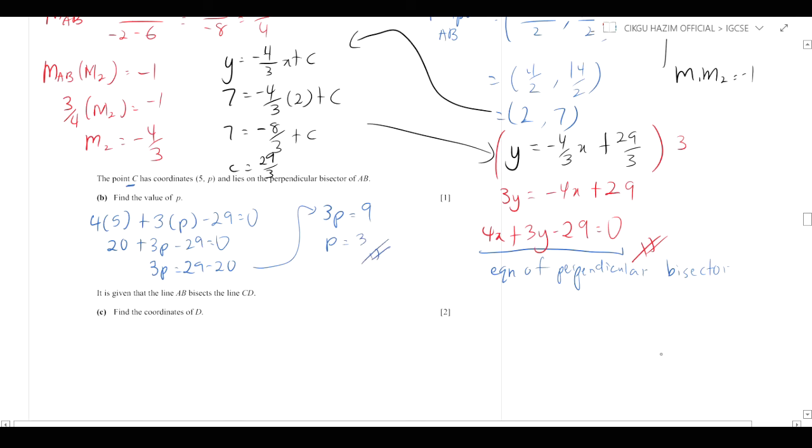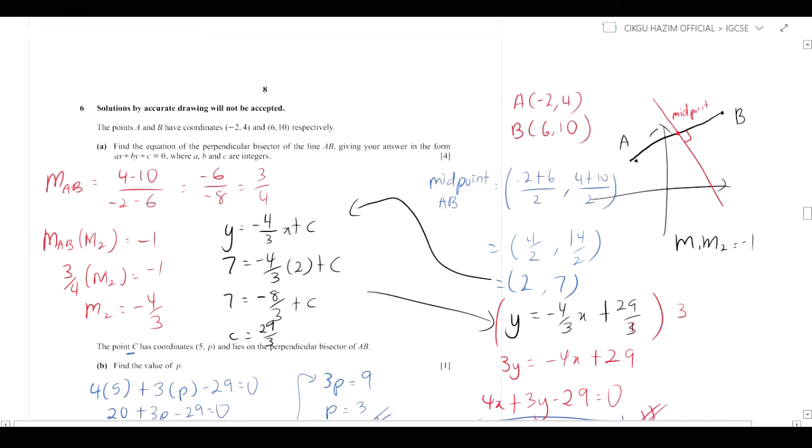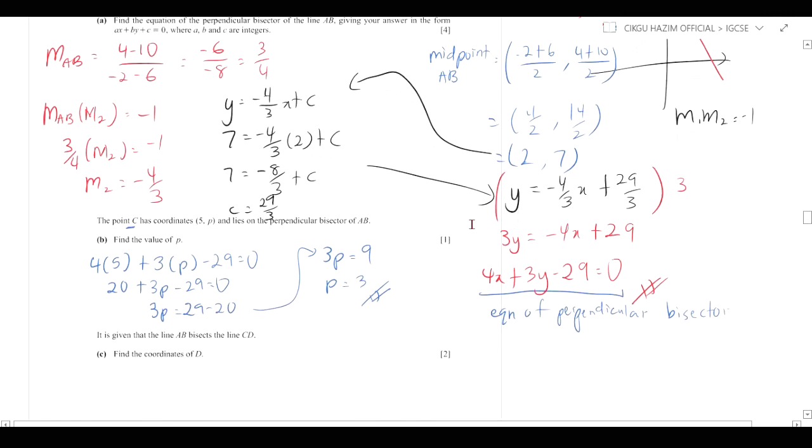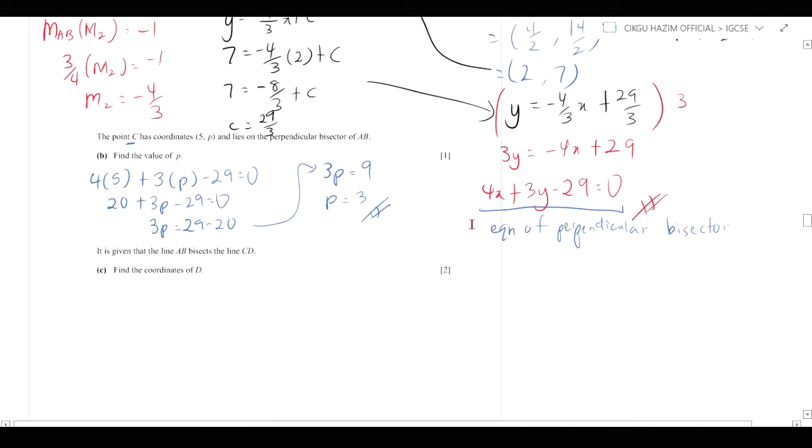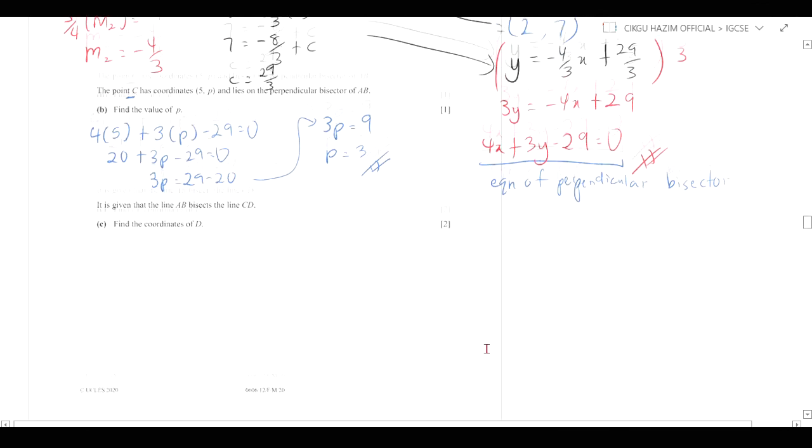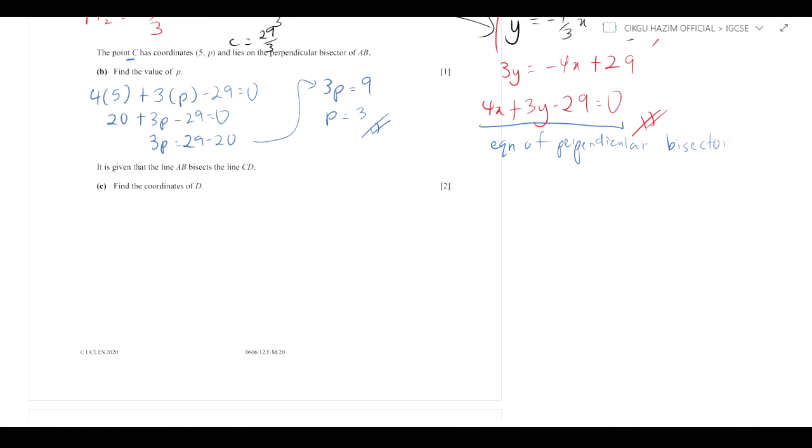Okay, that's quite obvious here. The next question is, given that the line AB bisects the line CD. What does it mean by bisects? For this one, it could be a bit confusing. For the students, I want you to try to understand the shape of a parallelogram.